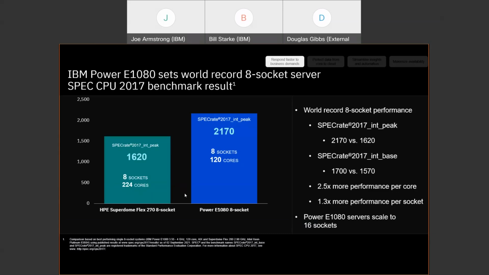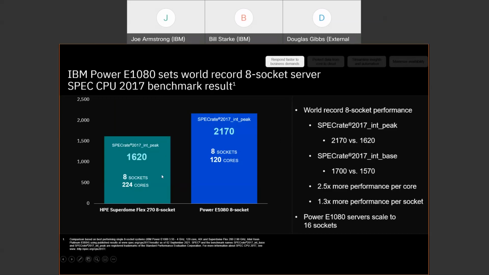Here's an HPE Superdome, still 8 sockets, a lot more cores, not quite twice as many cores, but over 100 more cores, and still way better performance on this particular benchmark with the Power system. In fact, 2.5 times more performance per core, and 1.3x more performance per socket even. So pretty significant performance improvement over Intel as well.